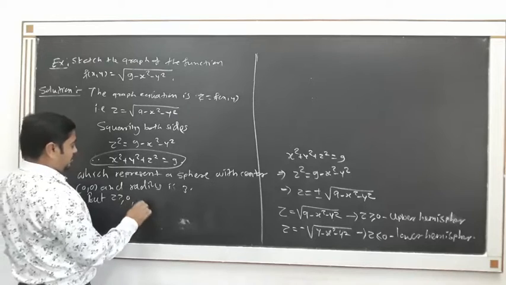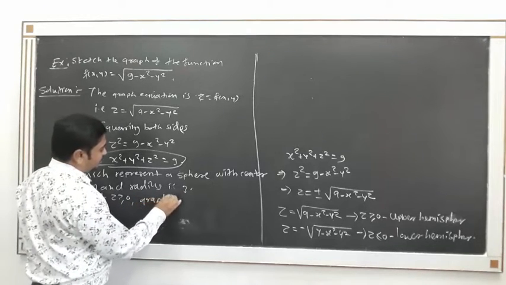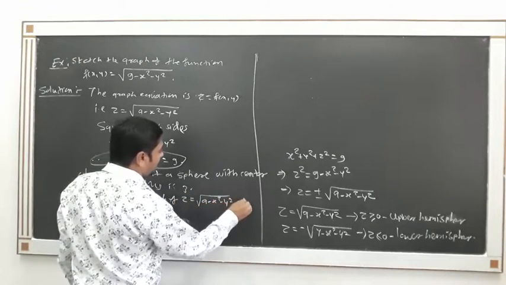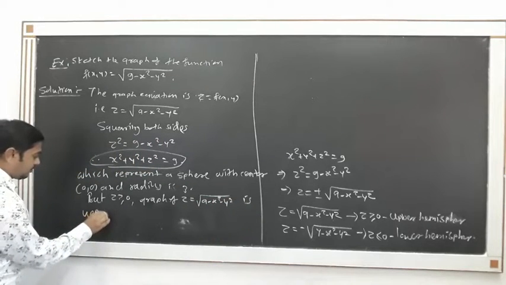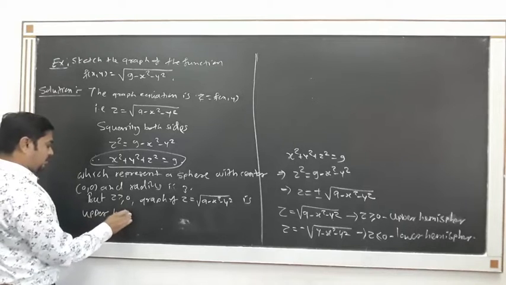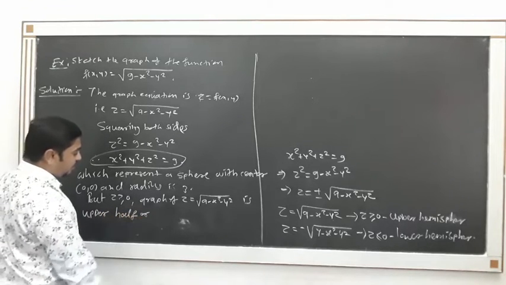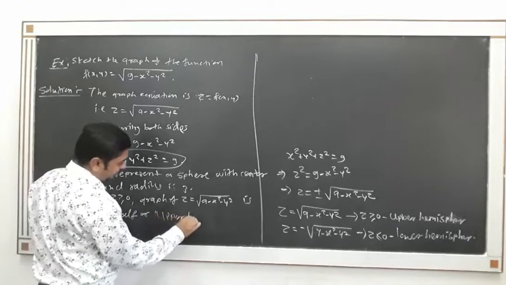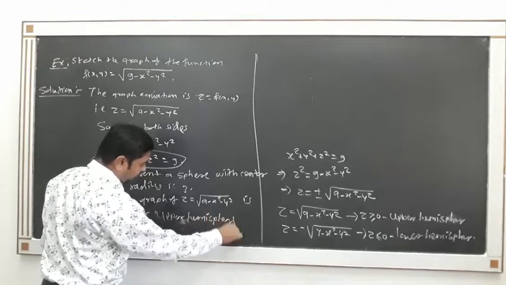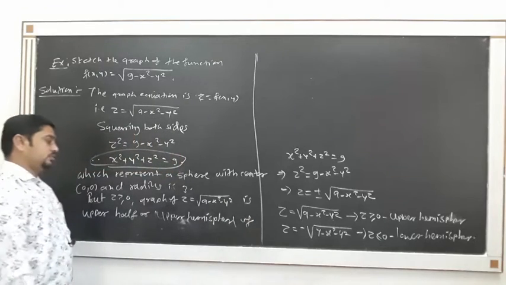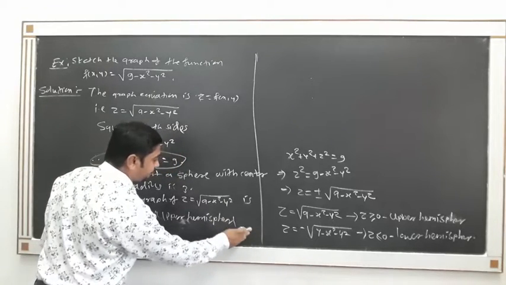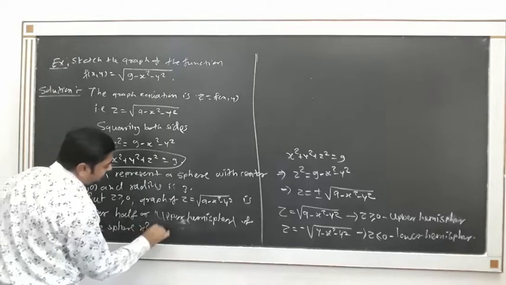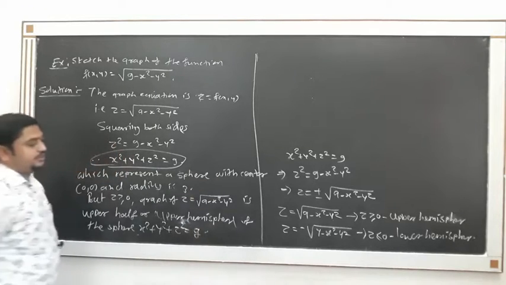That the graph of z is equal to the square root of 9 minus x square minus y square is the upper half, or upper hemisphere, of the sphere x square plus y square plus z square is equal to 9.